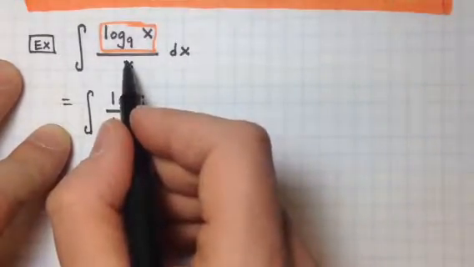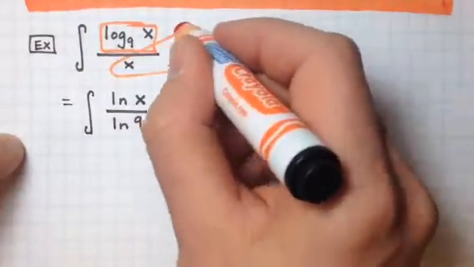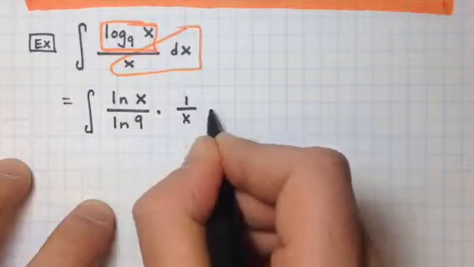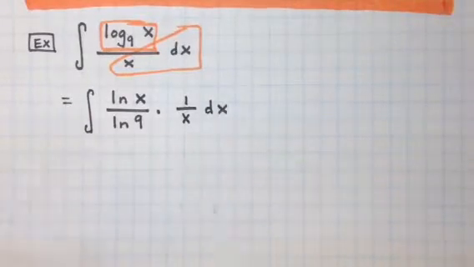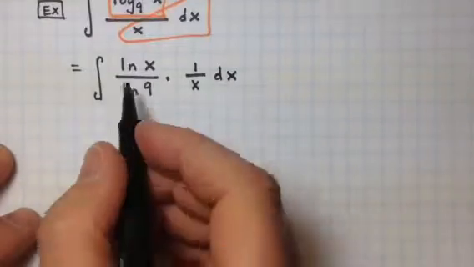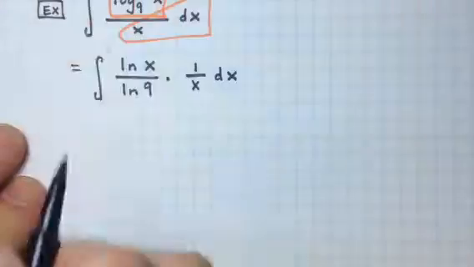Now there is this x in the denominator here, and so I'm going to take that and write that over here as 1 over x dx. And then this natural log of 9, that's confusing me.